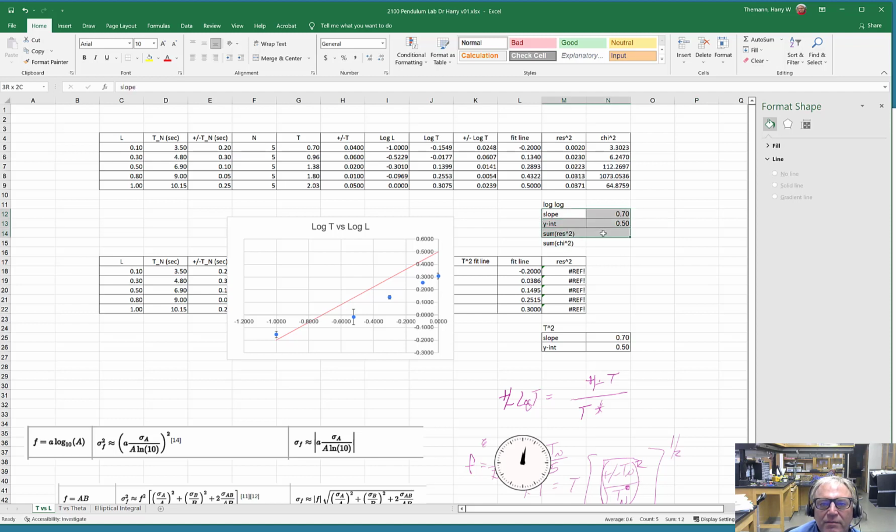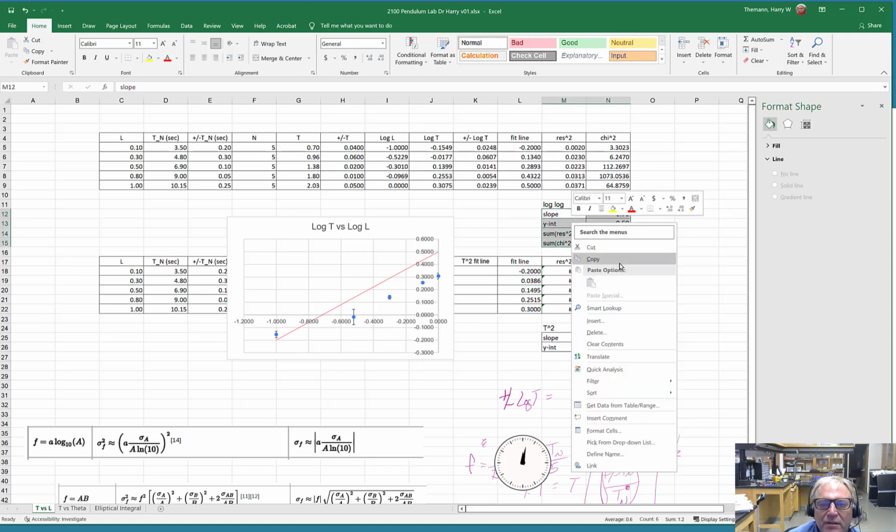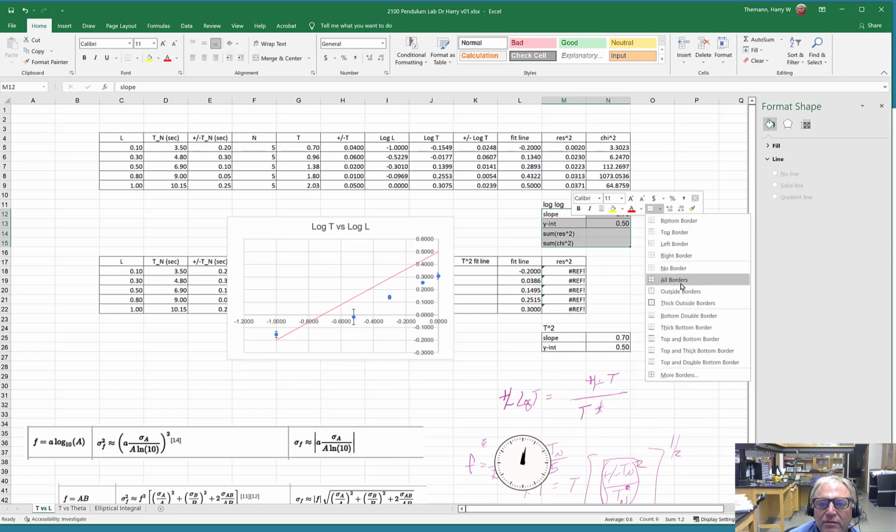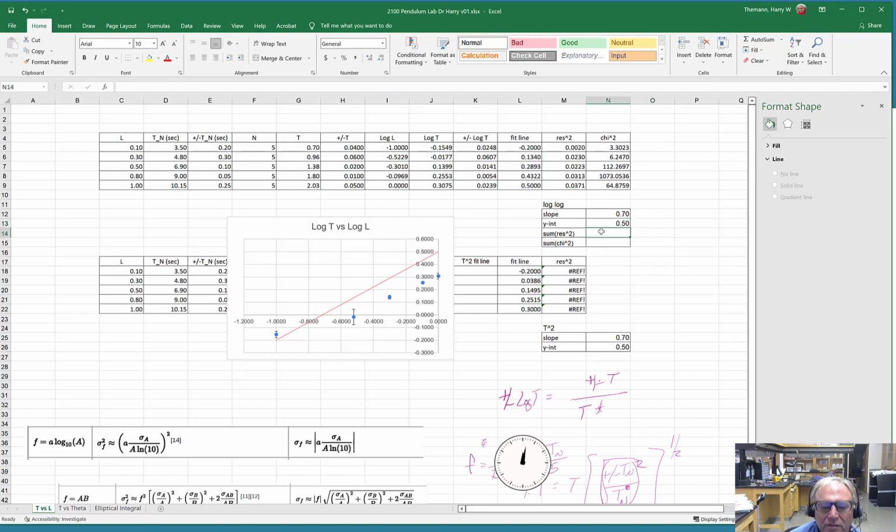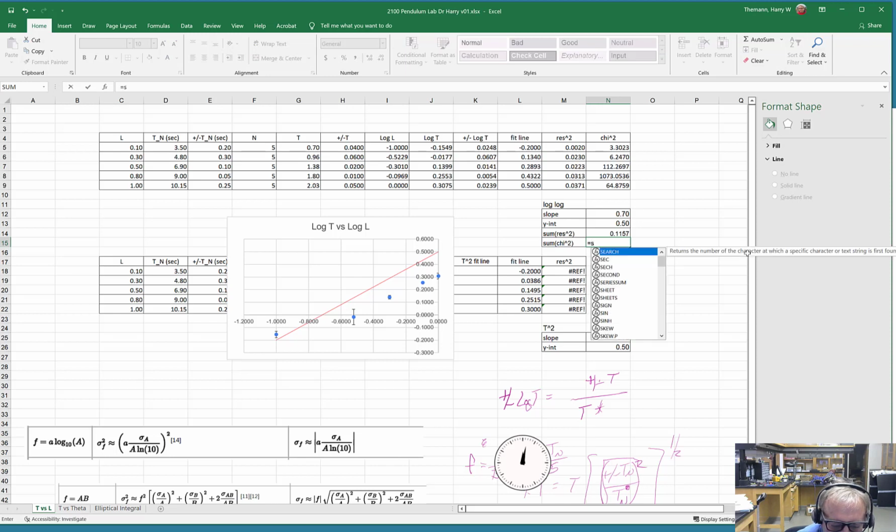So, all borders. And so equals the sum of the residual squared. And then equals the sum of these chi-square numbers.